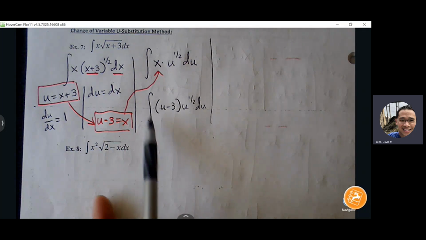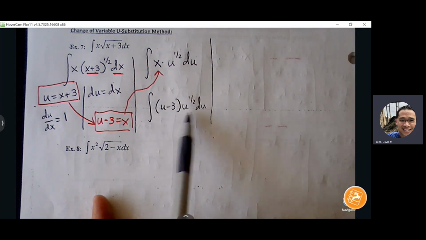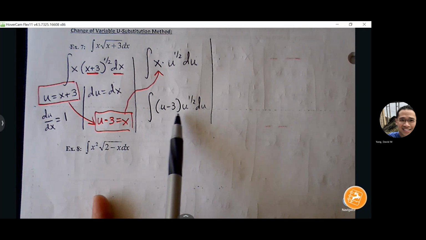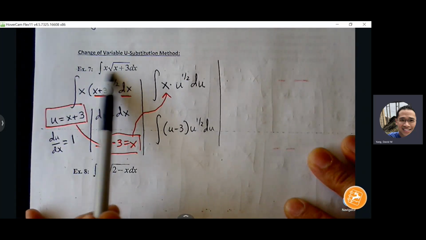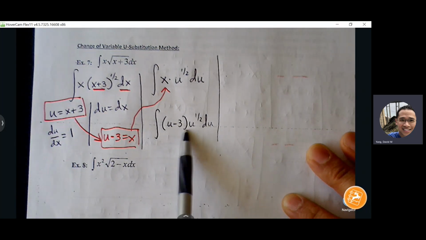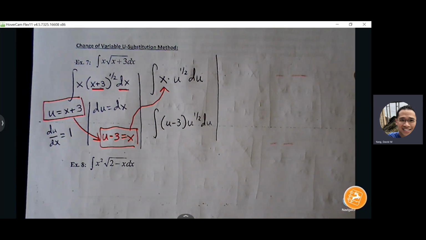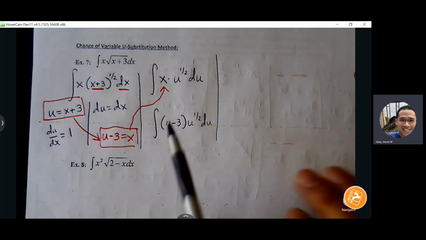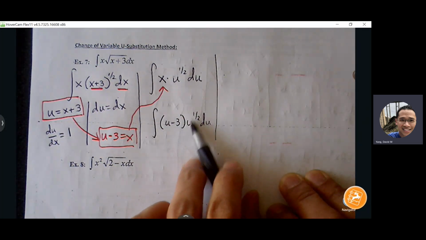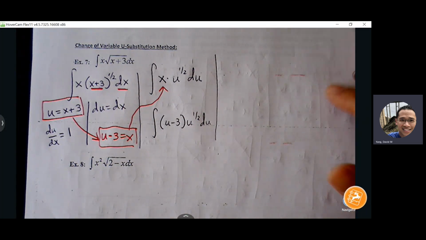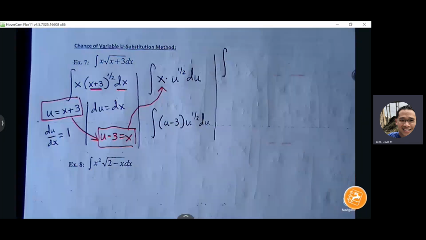We can't quite do power rule, but at least we have a path towards something that we can do, right? So if I want to do power rule with this problem, I first would have to do what? Distribute, right? Before we couldn't distribute through, but now this is something that we can work with. We can distribute that u to the 1/2 through the parentheses, and there's no radical, there's nothing that's getting in the way, preventing us from being able to distribute. So let's expand this through.